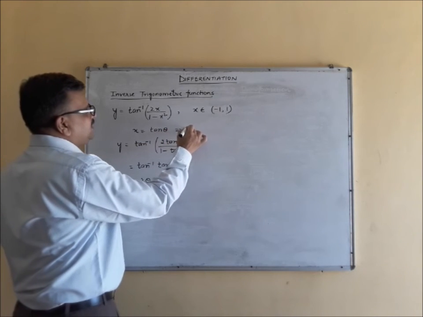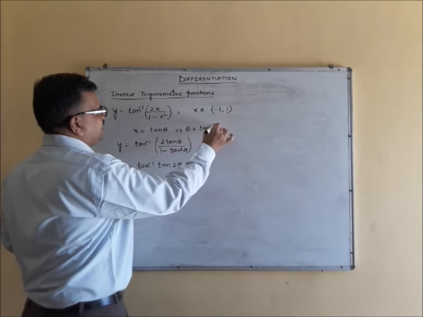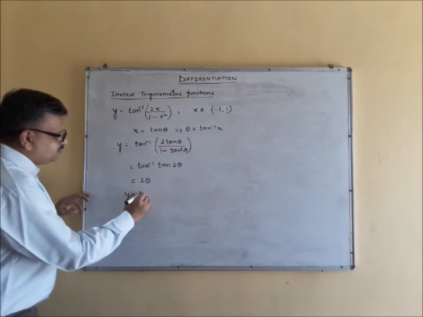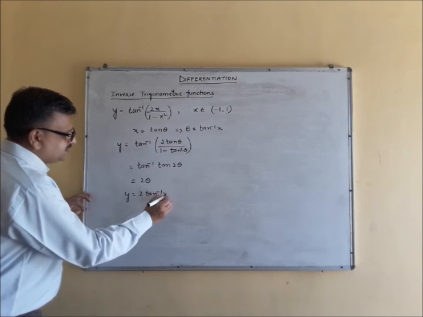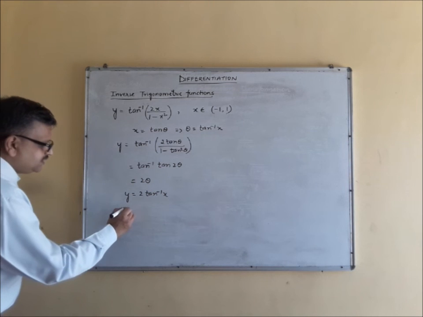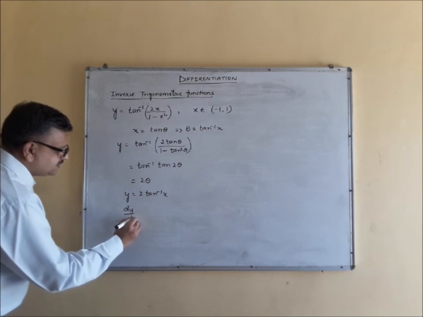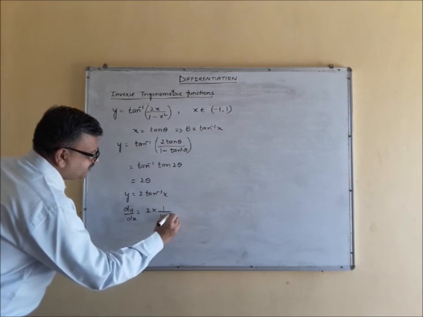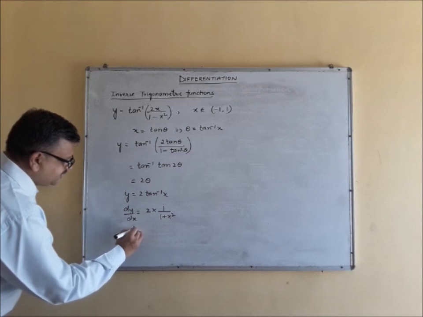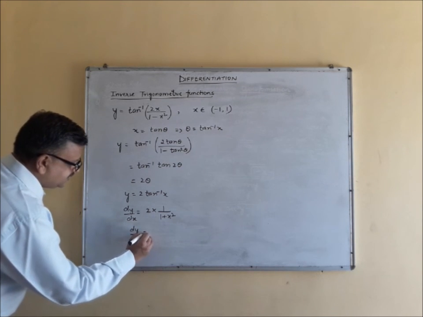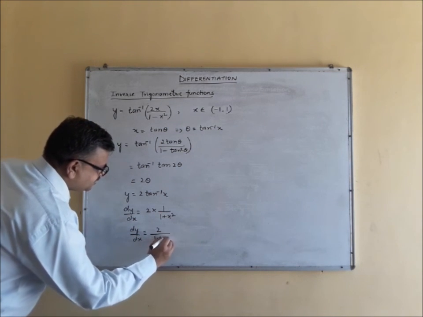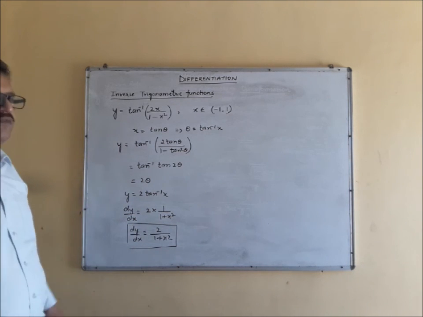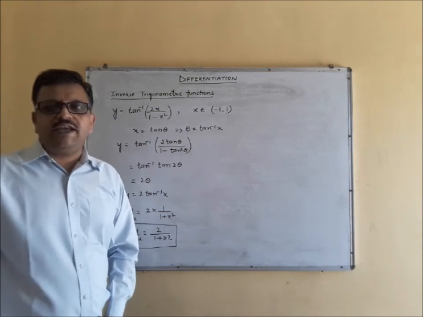From here we get theta equals tan inverse x. So y is equal to 2 tan inverse x. Find its derivative: dy by dx equals 2 into the derivative of tan inverse x, which is 1 upon 1 plus x square. So dy by dx is equal to 2 upon 1 plus x square. This is the derivative of tan inverse of 2x upon 1 minus x square.